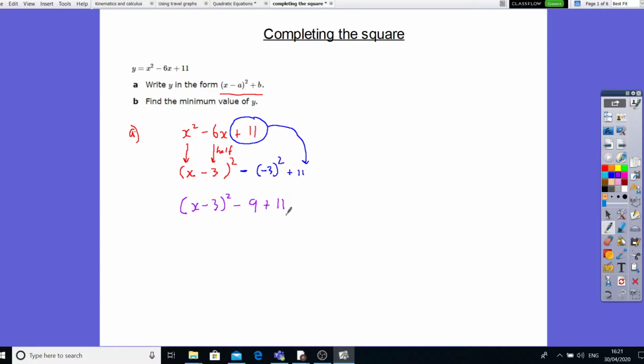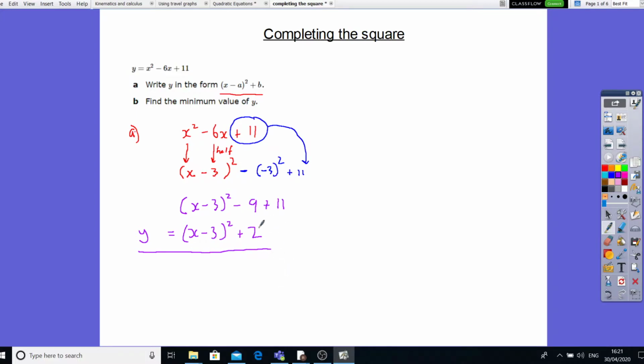So that will leave me as x minus 3 squared minus 9 plus 11, which becomes positive 2, and this is y equals, because this was y equals here. So all we've done is take the x squared minus 6x plus 11, put it on the right hand side, and the y is equal to this on the left hand side. That is known as the completed square form.